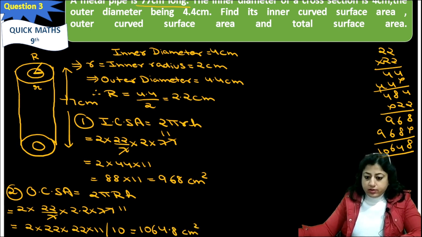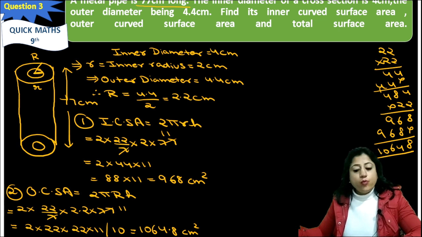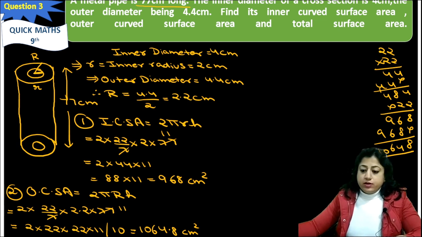So it is 1064.8 centimeter square. This is the outer curved surface area.